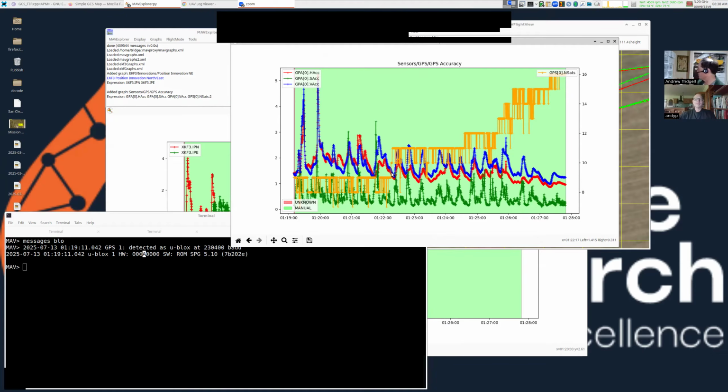And so I've got a drawer full of GPSs here. This is my GPS drawer. The sort that I was using when I was doing aerobatics, I haven't been doing much aerobatics lately, but I was using what's called an F9P. So this is an example of an F9P, and it's pretty chunky.